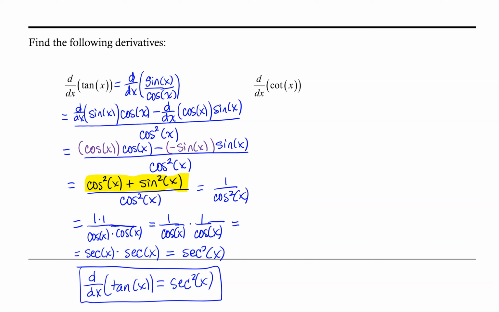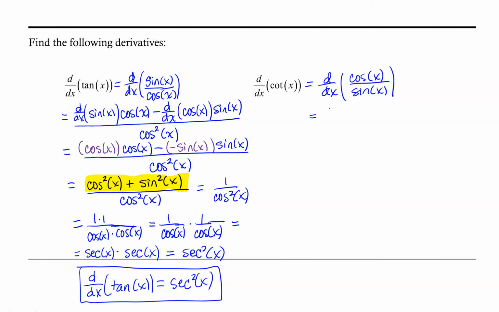Now the process is somewhat similar for the cotangent function. So we'll take the derivative of cotangent, which is cosine of x over sine of x. And we will go ahead and use the quotient rule, as well as what we know about the derivatives of the sine function and the cosine function.